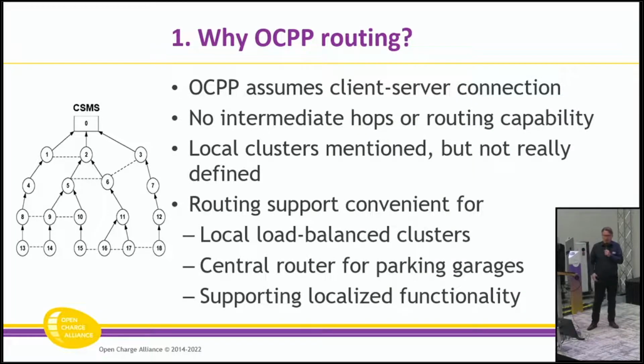In practice, we found that routing options may become convenient if you want to do load balancing of a cluster of charging stations, or if you have charging stations in a parking garage with no cellular connection because they're underground. Then you might want a single hub that has the connection and transfers that information to the charging stations. In general, if you want to support localized functionality, maybe even local authorization not coming from the CSMS, then routing functionality becomes interesting.